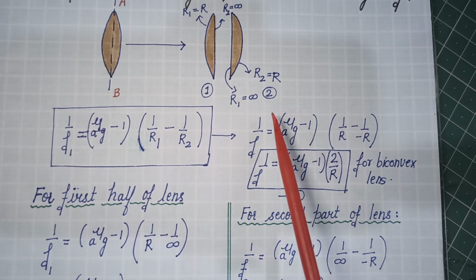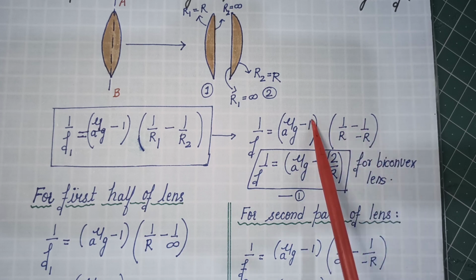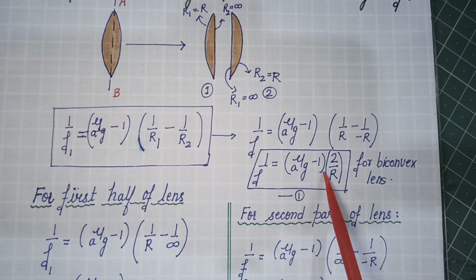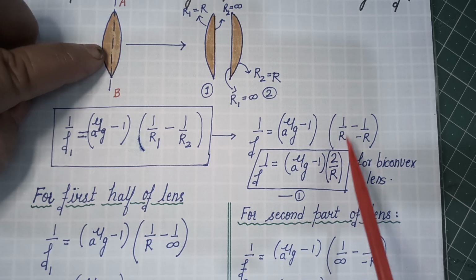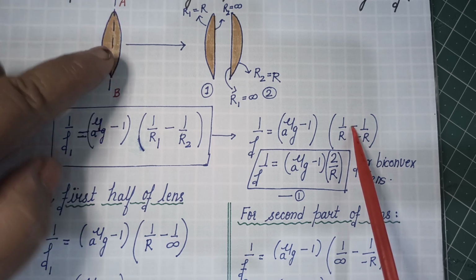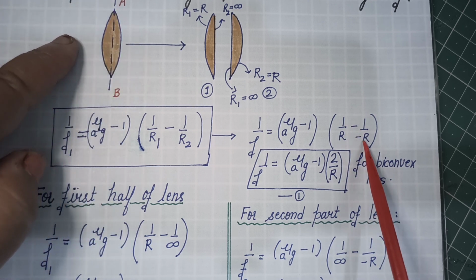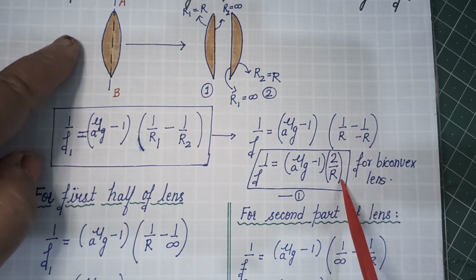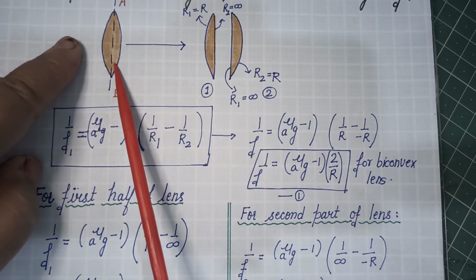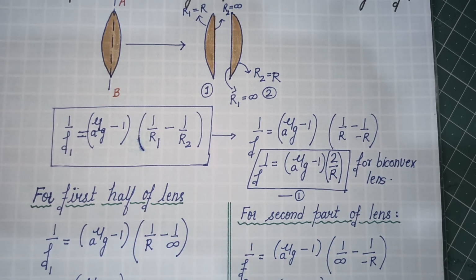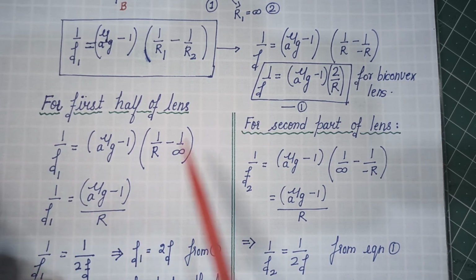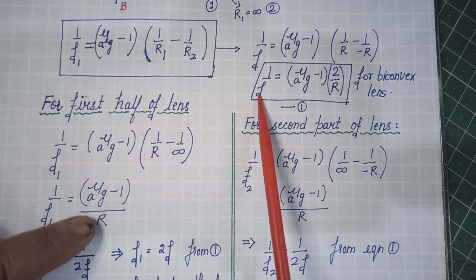That is, if the whole lens is considered, then the focal length of the whole lens is (refractive index of glass minus 1) times (1 upon R1, which is plus R, minus 1 upon R2, which will be minus R), and this will add and give you 2 by R. So just compare the focal length expression for the whole lens and for the half part, and you can see that this value is nothing but 1 upon 2f.